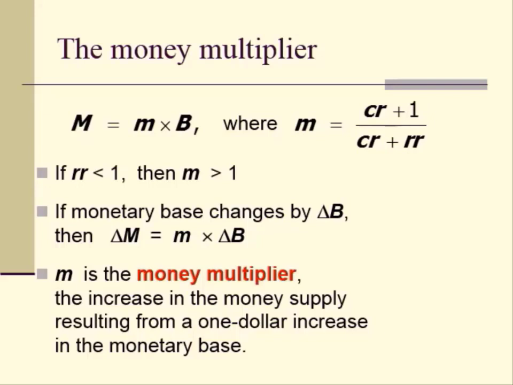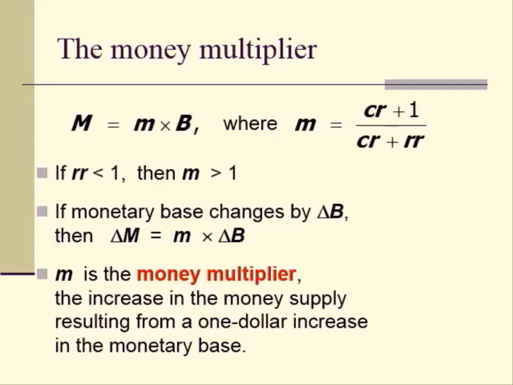So, with this equation in hand, then you can figure out, let's say as a central banker, you wanted to increase money supply, what the central bank could change to increase money supply. If the central banker could induce the banks to hold less reserves, so therefore lower RR, then you can increase the money multiplier, therefore increase money supply.